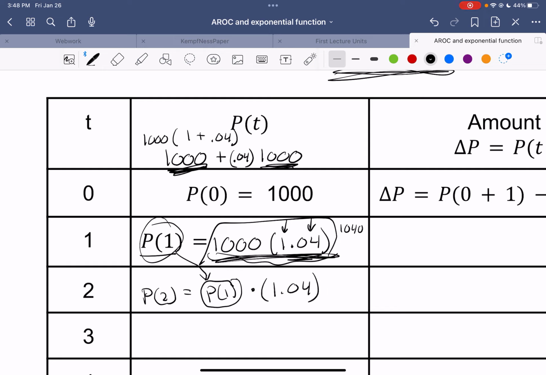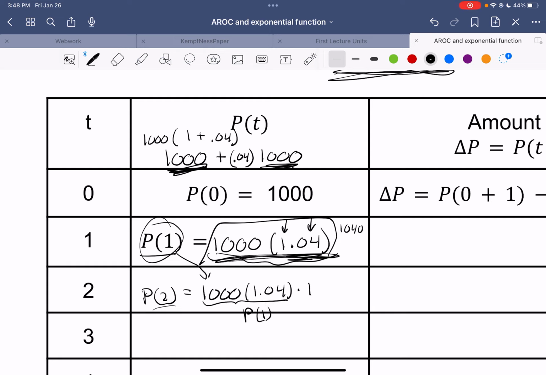We're probably not used to thinking of writing stuff out like this, where, you know, here you go. Here's the answer, right? P at 2 is P at 1 times this. Okay, well, that's not so useful, so tell you what. Let's write out what P of 1 is. P of 1 is 1,000 times 1.04. This expression is P at 1.